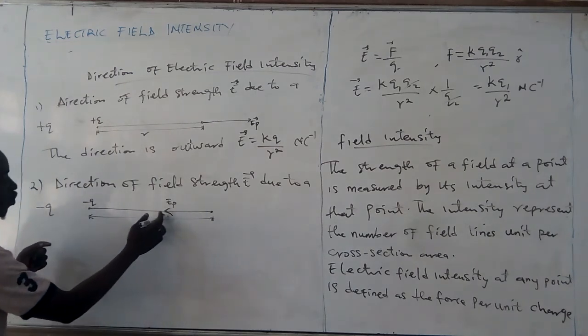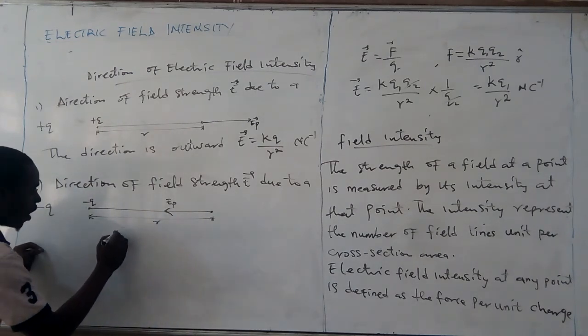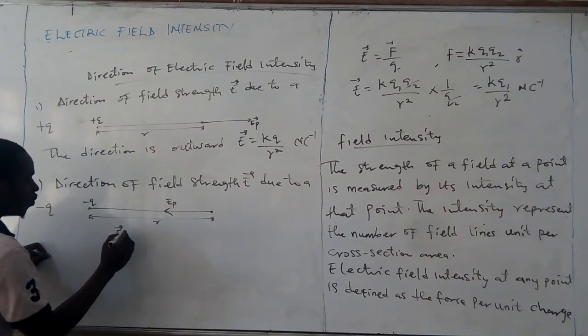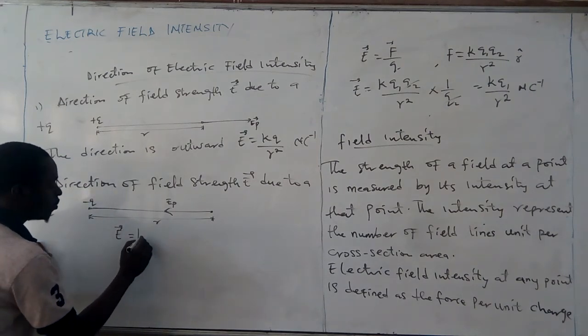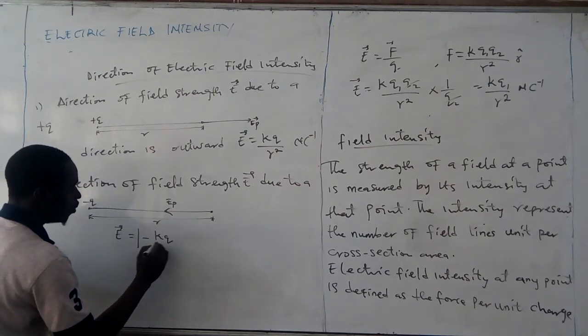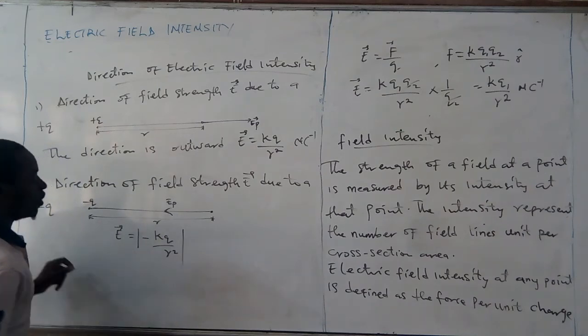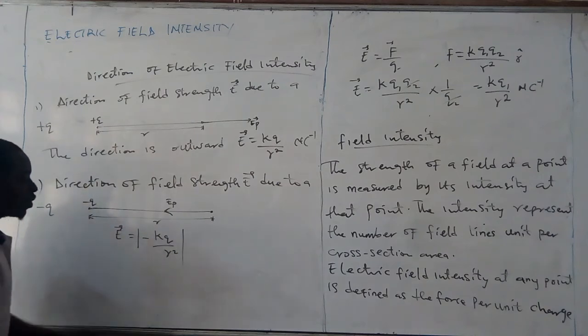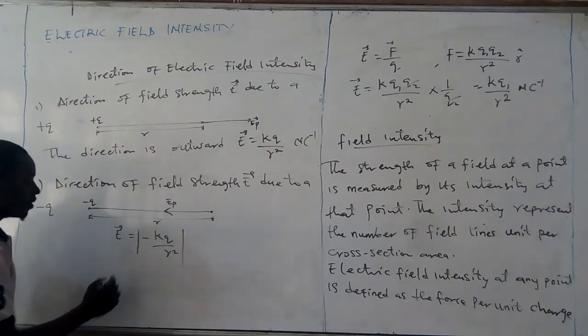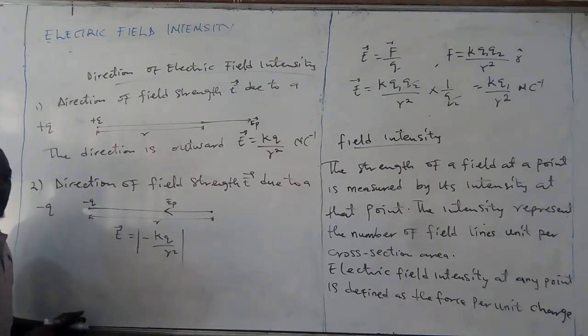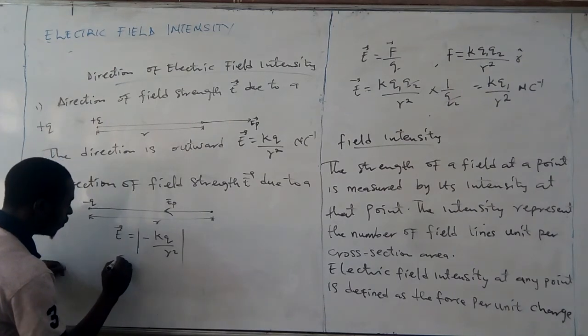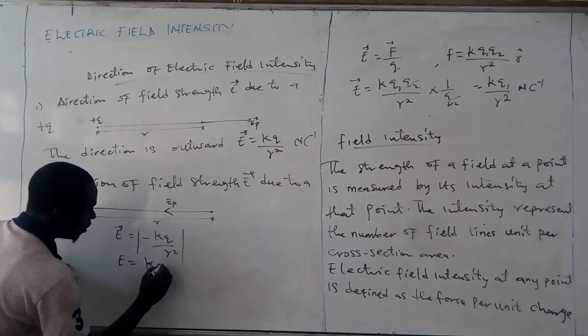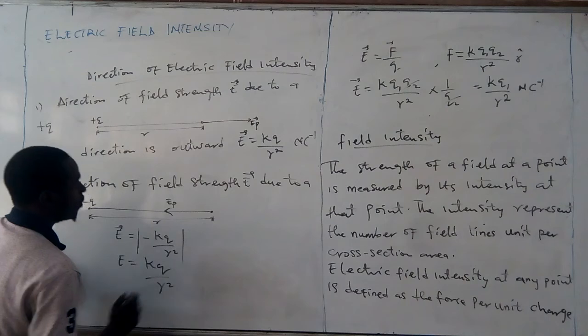It is moving to the negative. So our E will be the absolute value of minus KQ all over R squared, because we are going to have a negative answer. But the absolute value of any number is positive, so the electric field will be equal to KQ all over R squared.